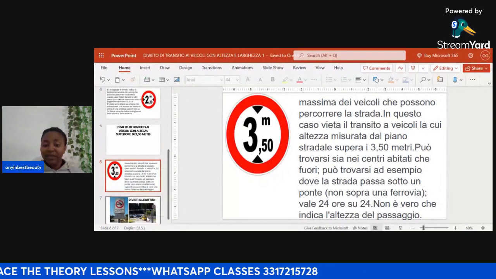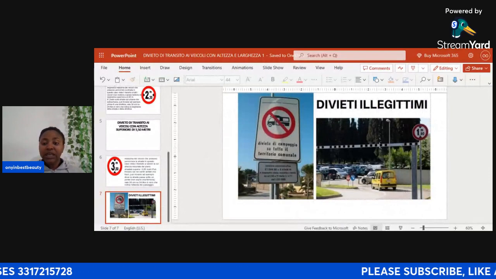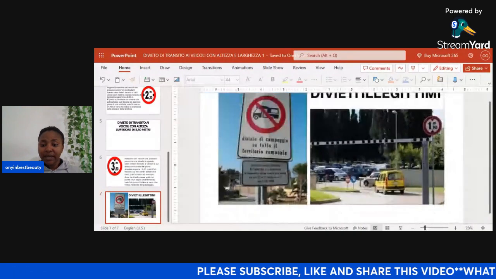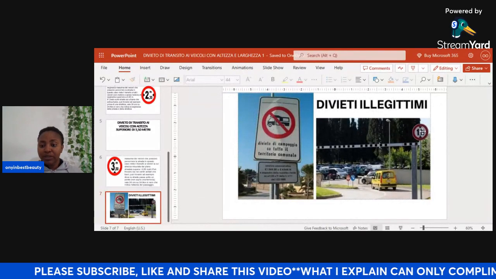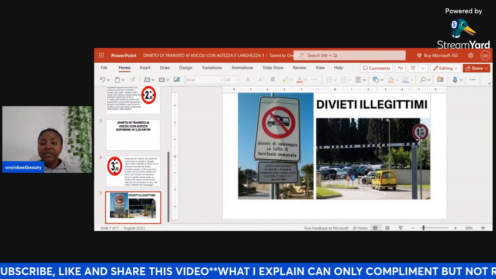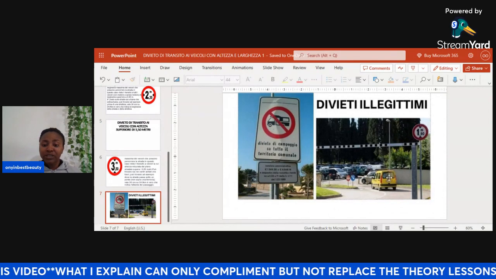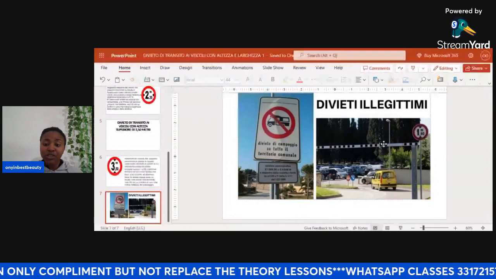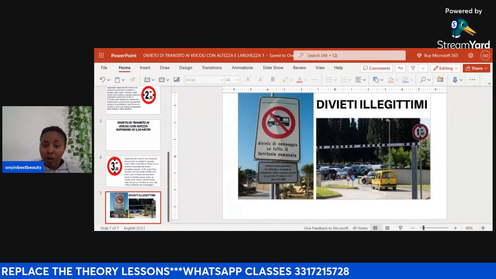Now, in this instance, I saw a picture where it is not 3.50 this time, it is 1.90, just as you're seeing in this diagram. I don't know if it's clear enough, but I think it is. Here you're seeing 1.90 meter. In this case, I won't say a bridge, but there's a barrier stopping this vehicle from accessing this road if its height passes 1.90 meter this time around.